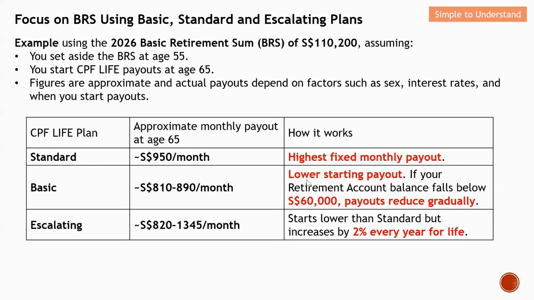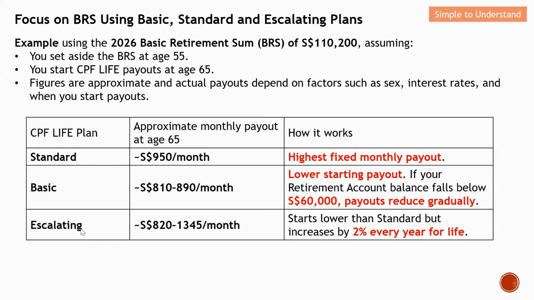Basically, this is the drawback: the lower starting payout as compared to the standard plan. If your RA account falls below 60K, your payout will reduce gradually, until 810 per month as a money payout.